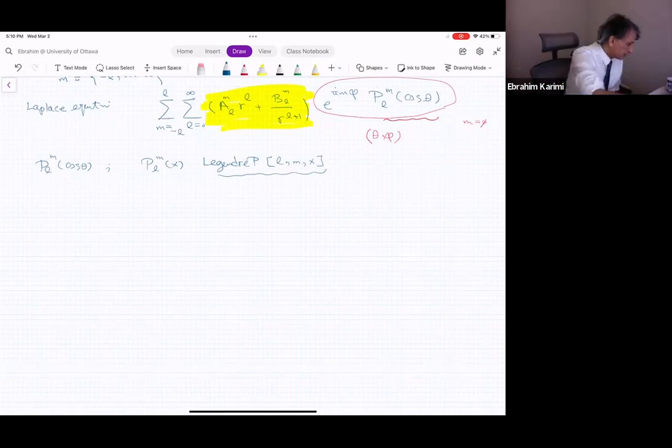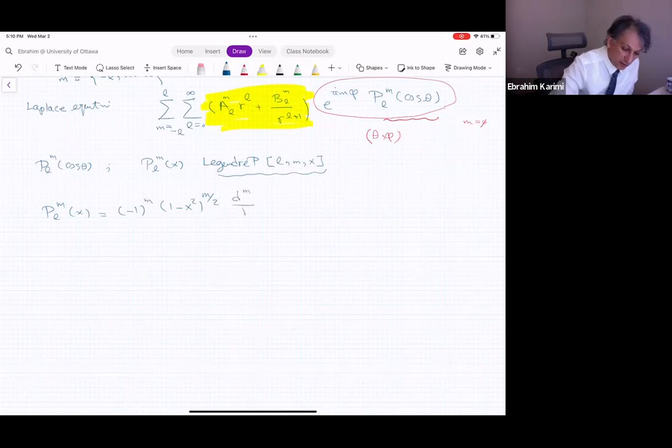And the expression that you can get from them, which I don't memorize, by the way, I'm cheating right now, I'm looking at the paper, is given by P_L^M of x equals (−1)^m (1 − x²)^(m/2), okay? The m-th derivative of the Legendre polynomial of L.